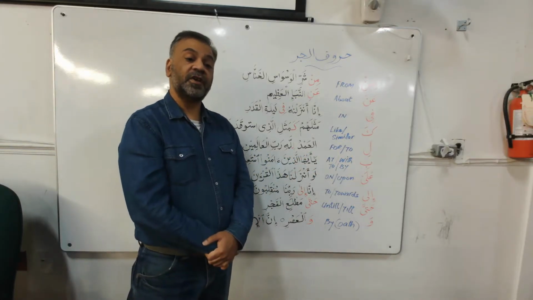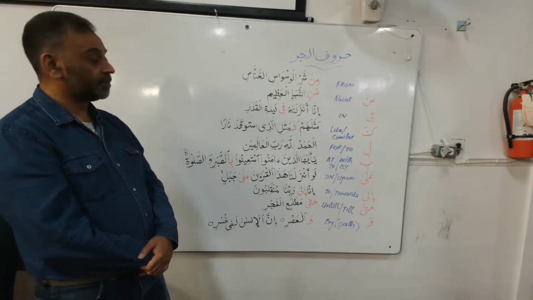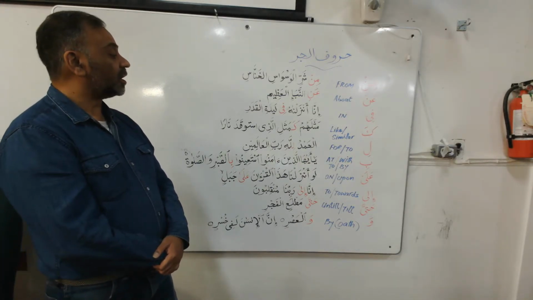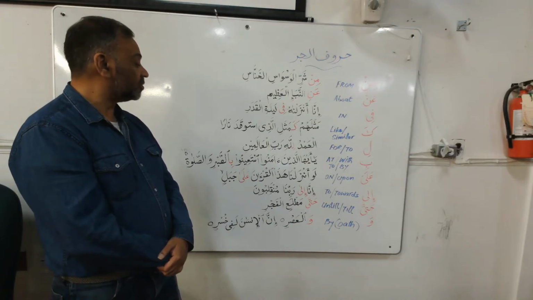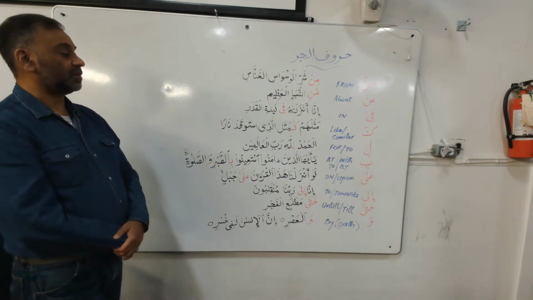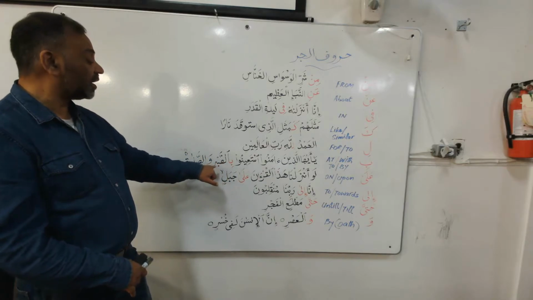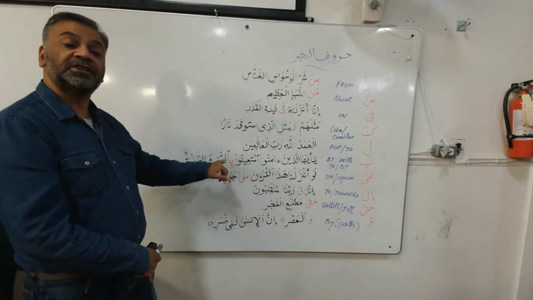Next one is harf jar bi, which means at, with, to, or by. Ya ayyuhallazina amanu sta'inu bis sabri was salat. Bis sabri, with sabr and salat, with patience and salat.